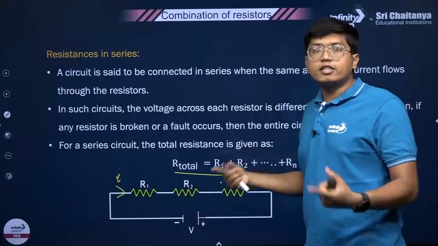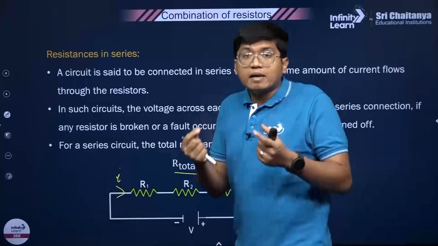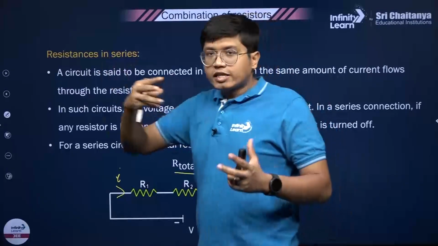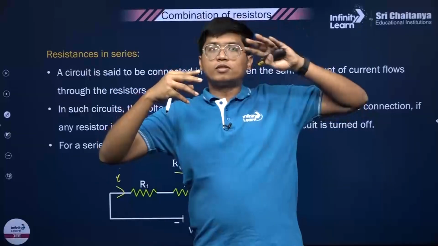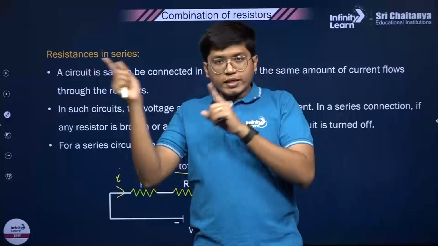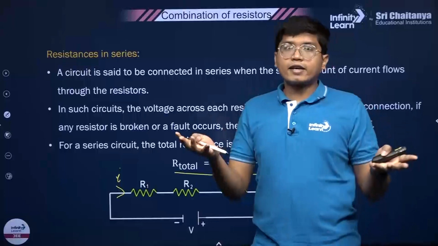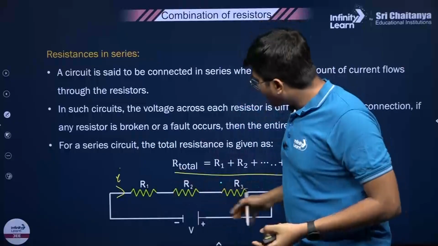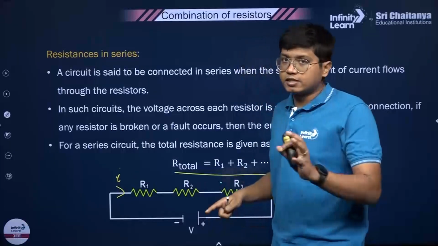That will enter R3 and so on. So since the charge through each of them is the same, even the time has to be the same. If 10 units of charge enter in 1 second, and then 10 units go out in 10 seconds, that does not happen. Because in between that 1 second and 10 seconds, those 9 seconds, the charge is accumulated here. That cannot be. So that is why charge needs to continuously keep flowing. So the current through each of them is the same.